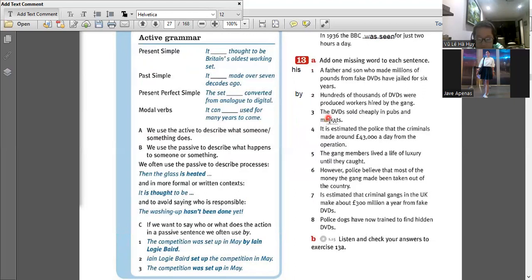Number 3. The DVDs sold cheaply in pubs and markets.